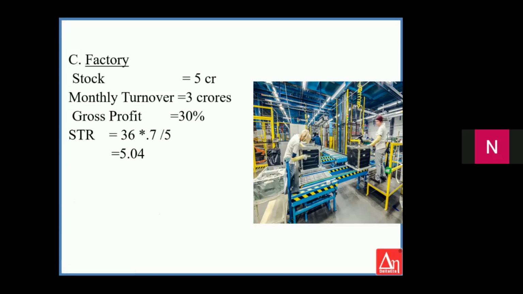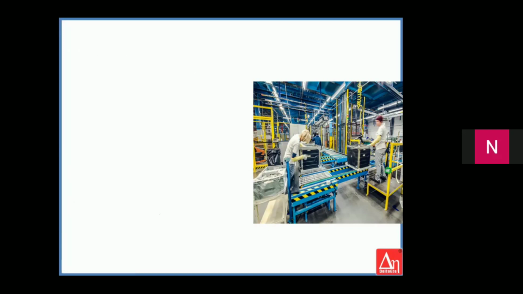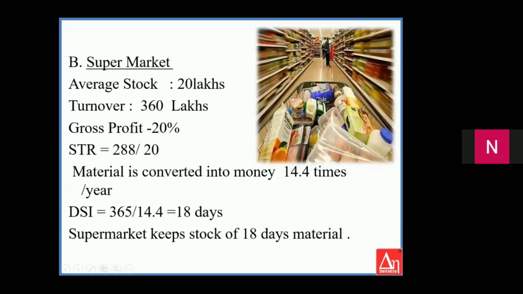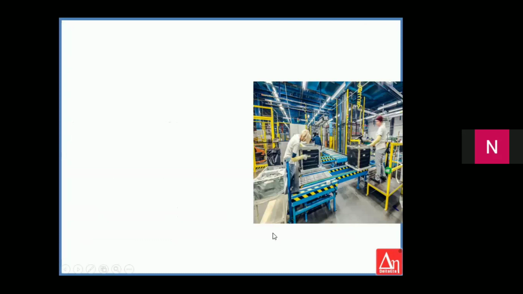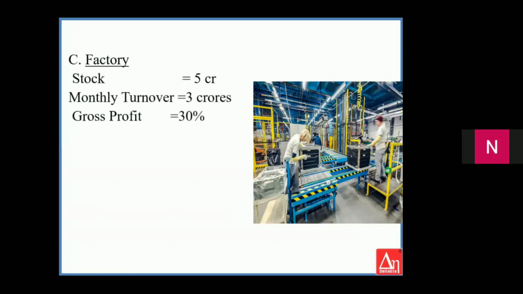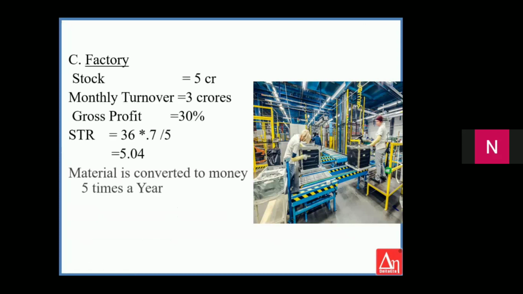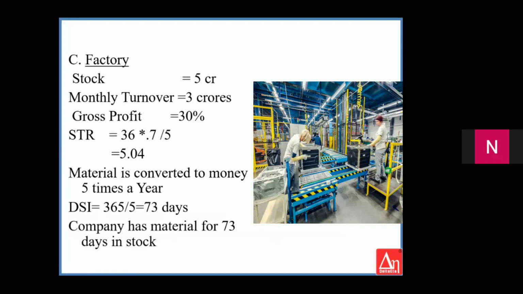In the case of the supermarket, the STR was 14.4 and the DSI was 18 days. And in the case of a big factory with a big turnover of 36 crores, you find that material is converted to money 5 times a year and your DSI is 73 days.